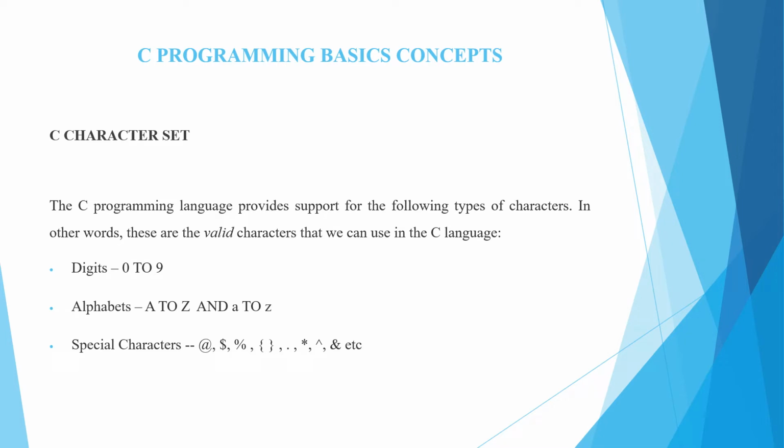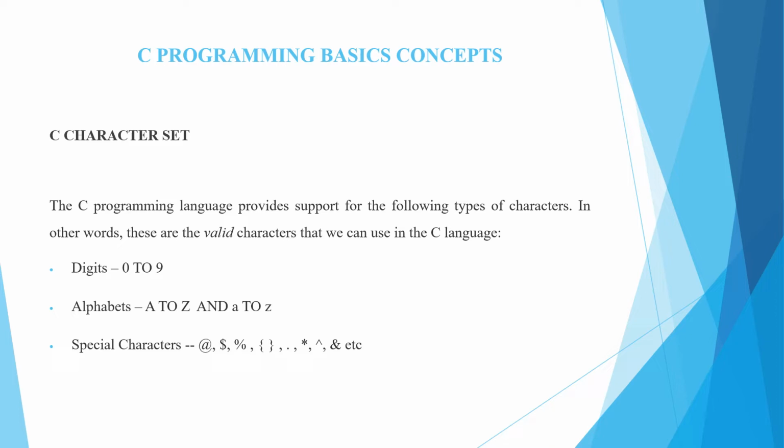For example, some of the valid characters that we can use in the C language are: first, digits. Digits contain the numbers 0 to 9. Second, alphabets. Alphabets contain both uppercase letters A to Z and lowercase letters a to z.